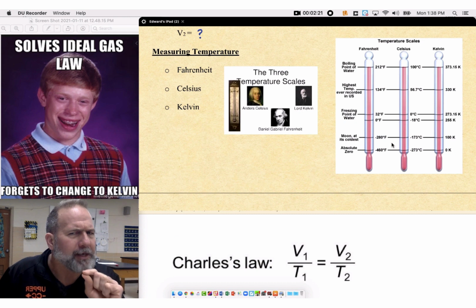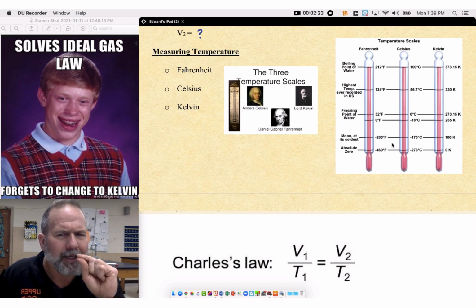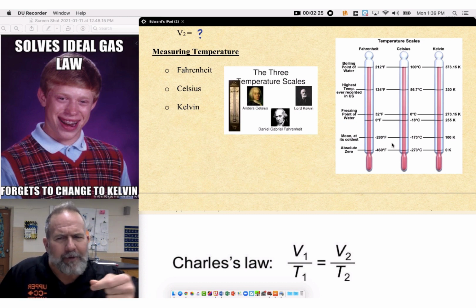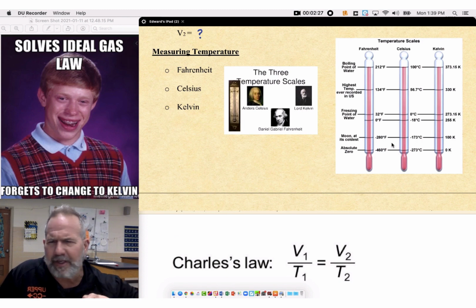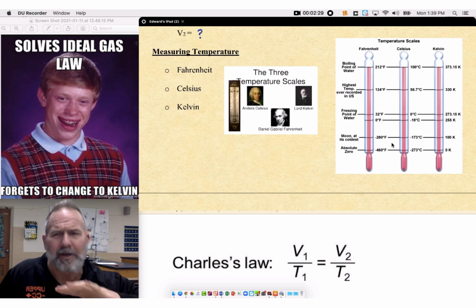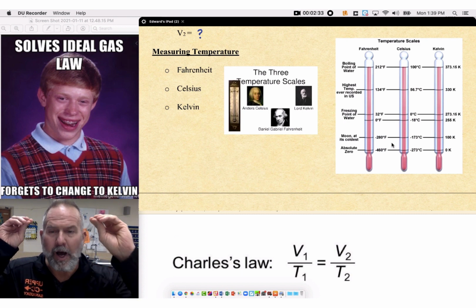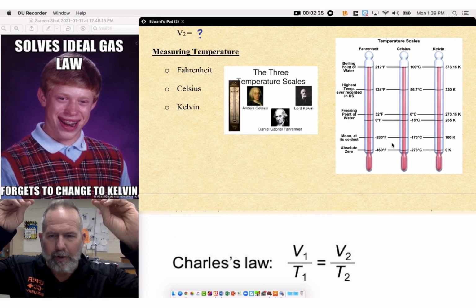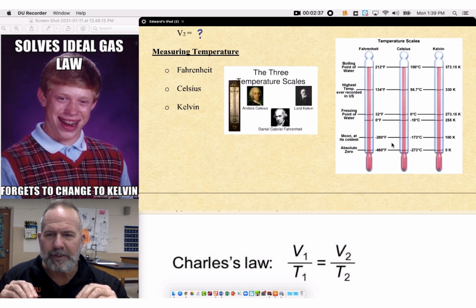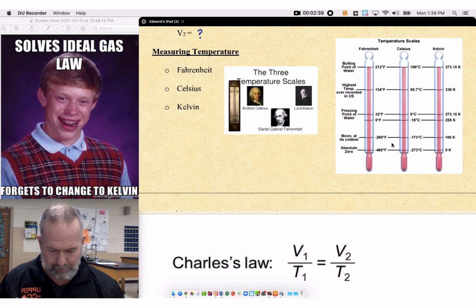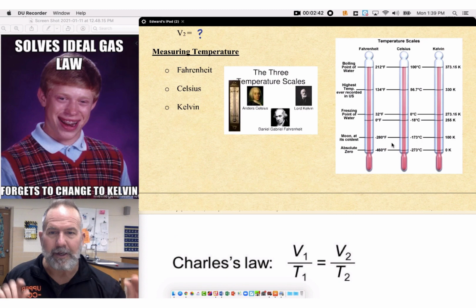Now, when he made his original scale, he called boiling 0 and freezing 100, which is upside down. So scientists quickly changed that around. So 100, higher energy, was a higher number, and freezing, which is lower energy, was a lower number. So just make sure that that's the idea behind the two scales.